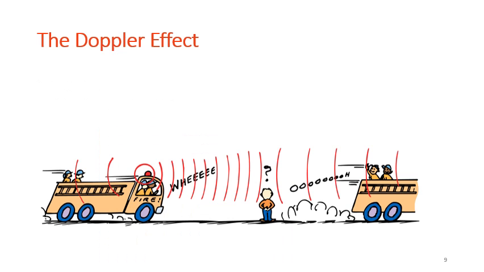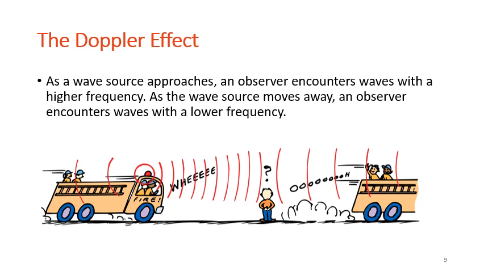Okay, let's talk about the Doppler effect. You have all experienced this Doppler effect many times. For example, say you are standing on the sidewalk of the road, and a fire truck approaches you with its siren on.